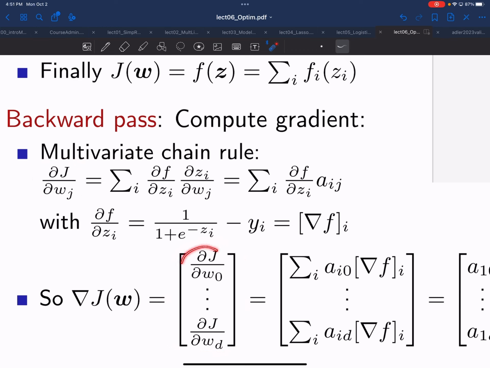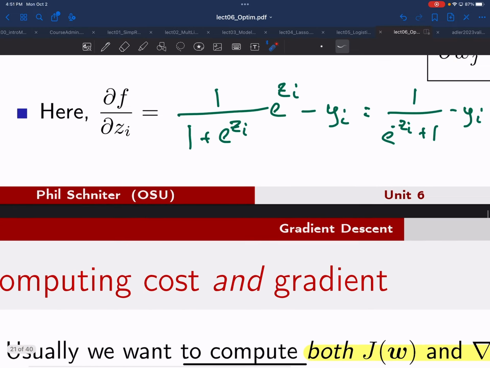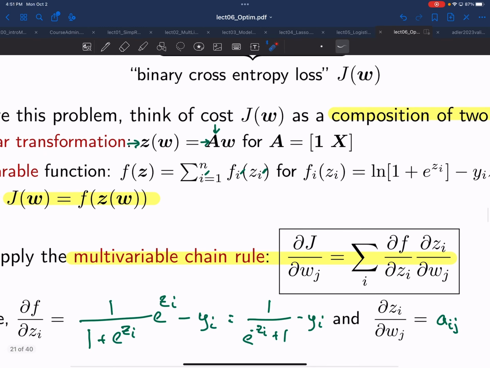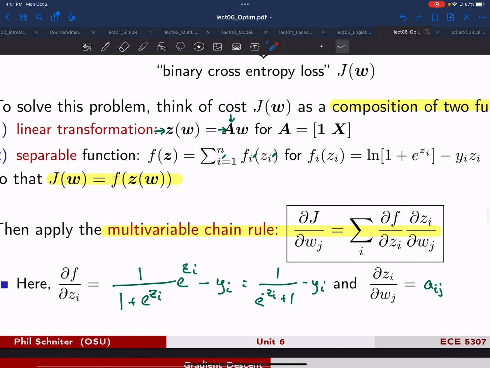And we know to construct each one of these guys, we have something like this. These are the components of another vector, which I'll call gradient of f. Gradient of f is a vector of all of these terms here.